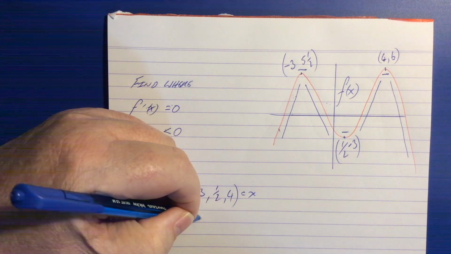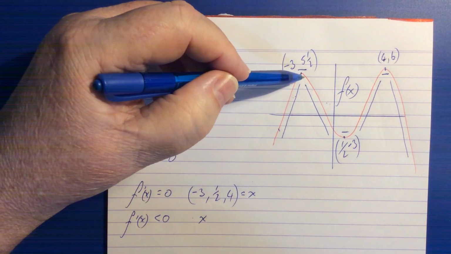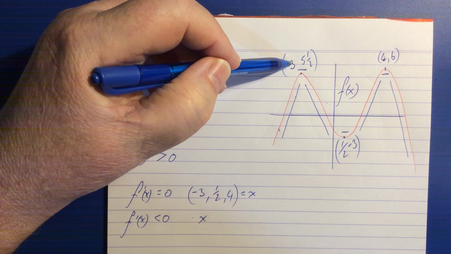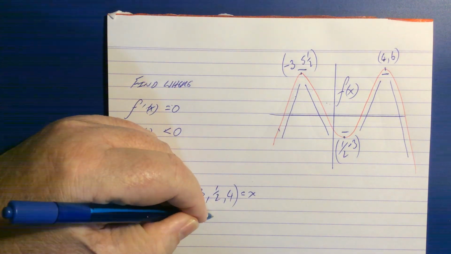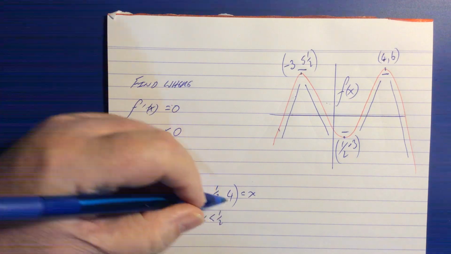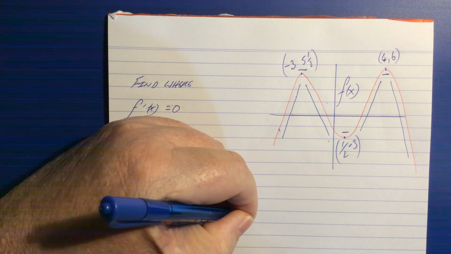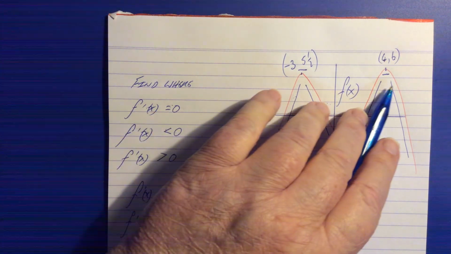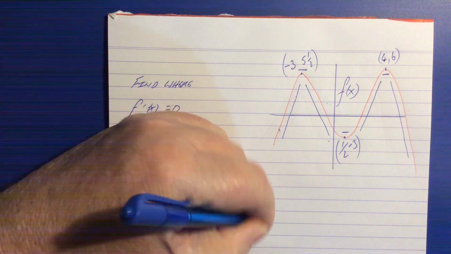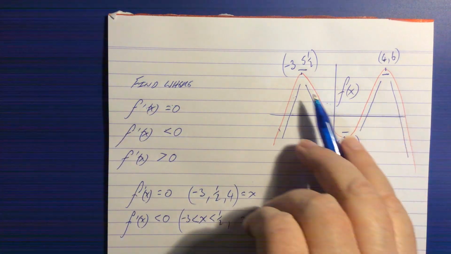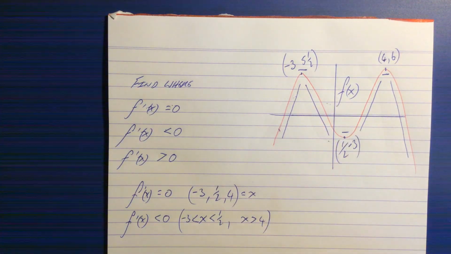X must be, we're looking for the negative, it must be between -3 and 1/2. So it's negative there. And x also has to be greater than 4. These are the two positions on this graph where the gradient is negative.